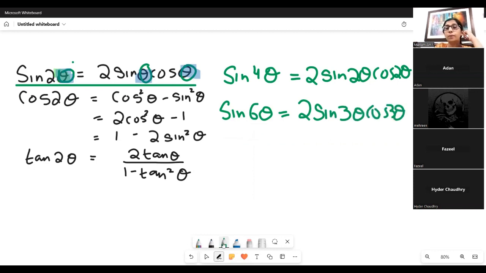Okay. What about sine theta? I want to write sine theta as a similar identity.